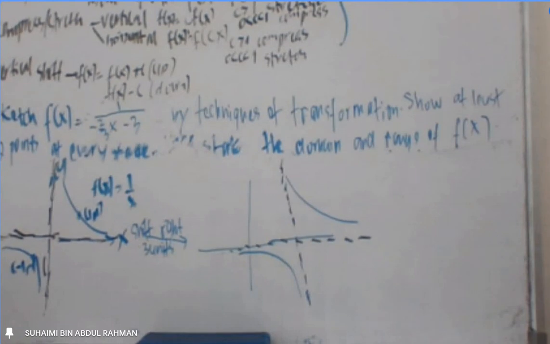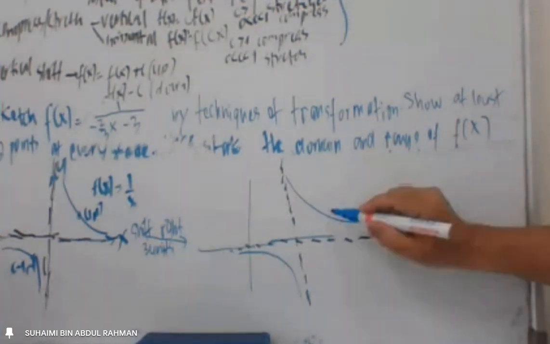So point 1, 1 will go to which point? 4, 1.